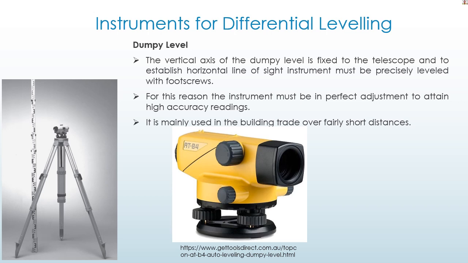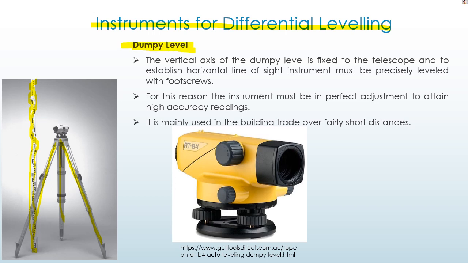So then, what do you need for differential leveling? You will need a tripod to attach the level onto it. You will need a staff so you can take the readings to know the length from the points you're measuring and the line of sight. And the most important is the level.